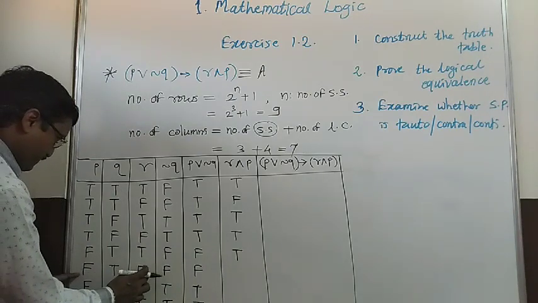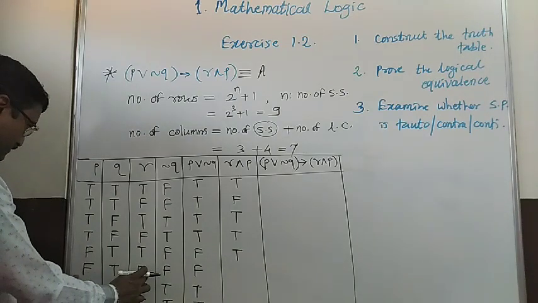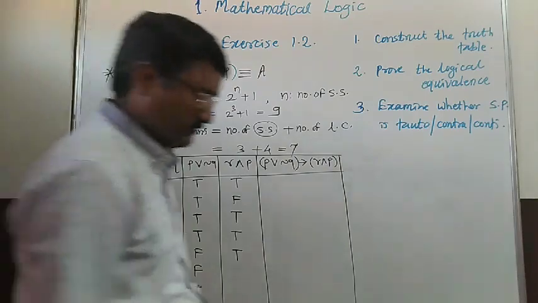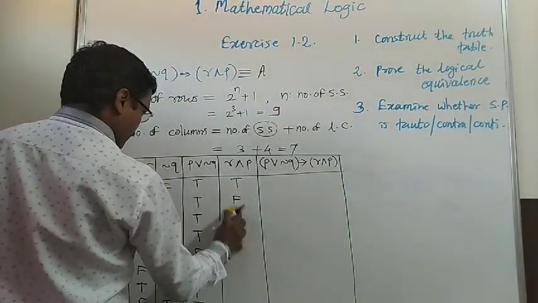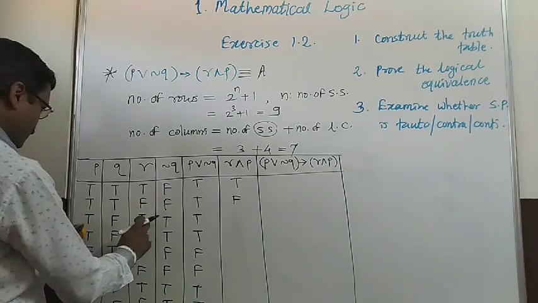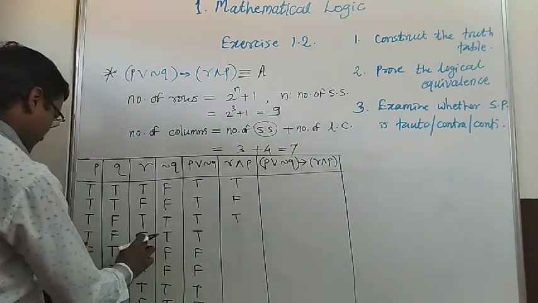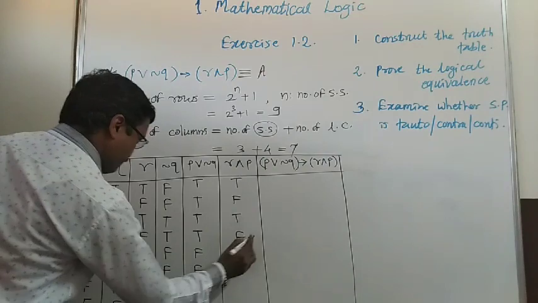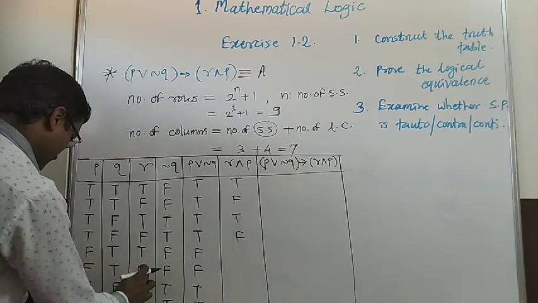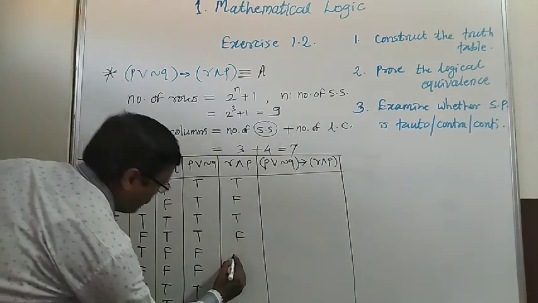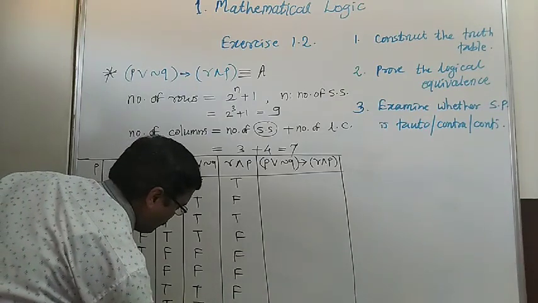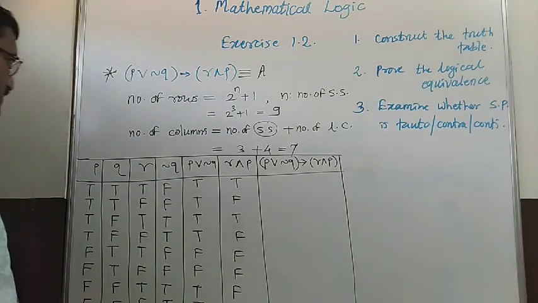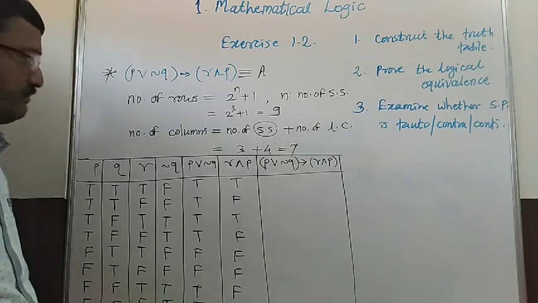Both are false. In this column, both are true, therefore true. Here one is false, so false. False, false, false, false. Remaining all are F. So this is the conjunction of R and P.